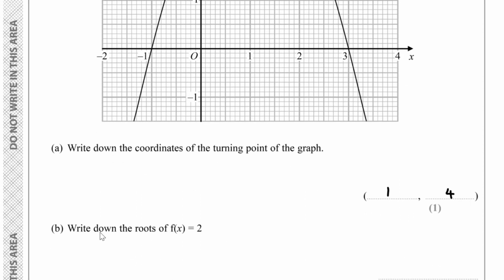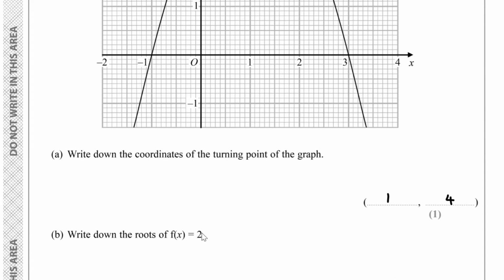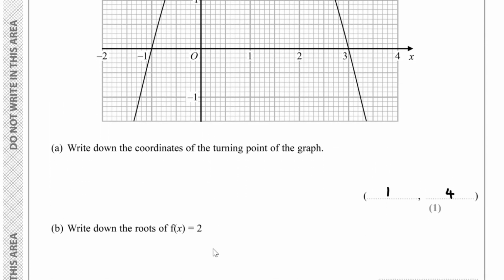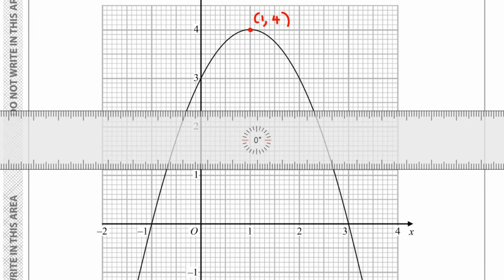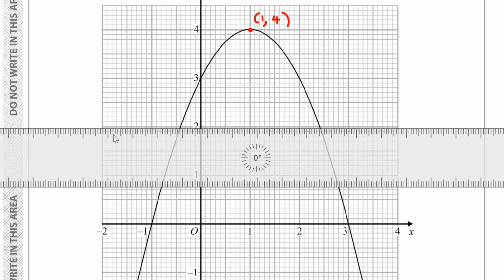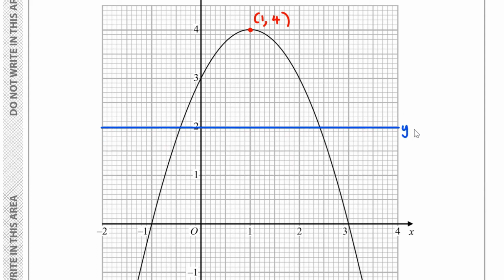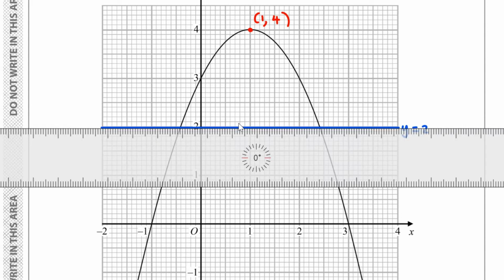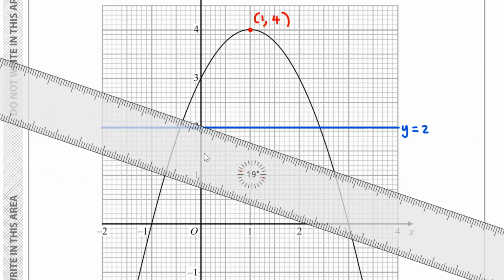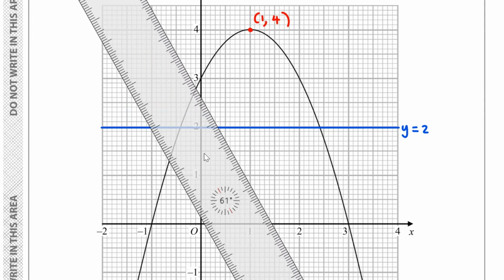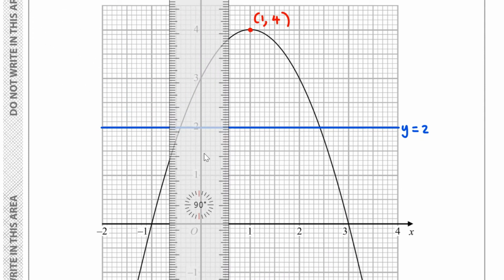And now for part B, we have to write down the roots of f of x equals 2. So what we need to do is draw a horizontal line at y equals 2. So let's just do that. We draw a horizontal line here. So this is y equals 2. And now we need to find out the intersection between this straight line and the curve. Let's just spin this ruler around like so.